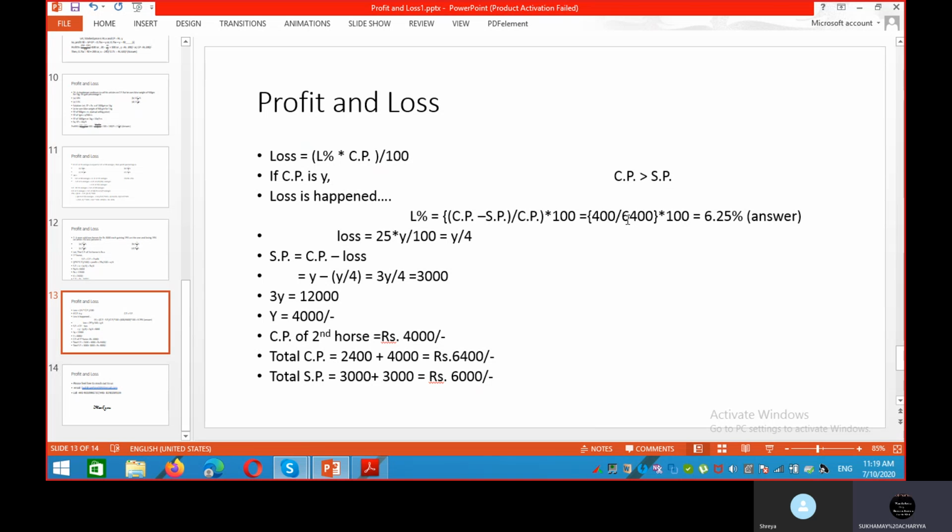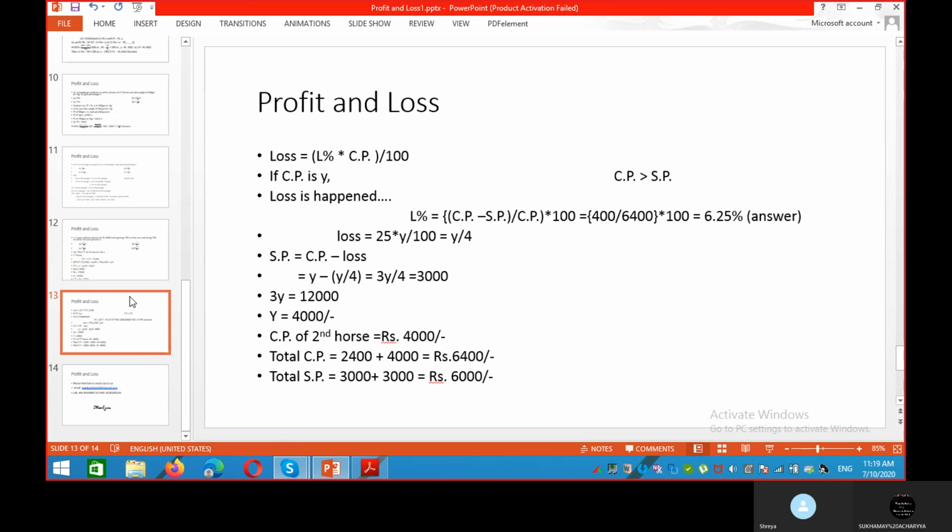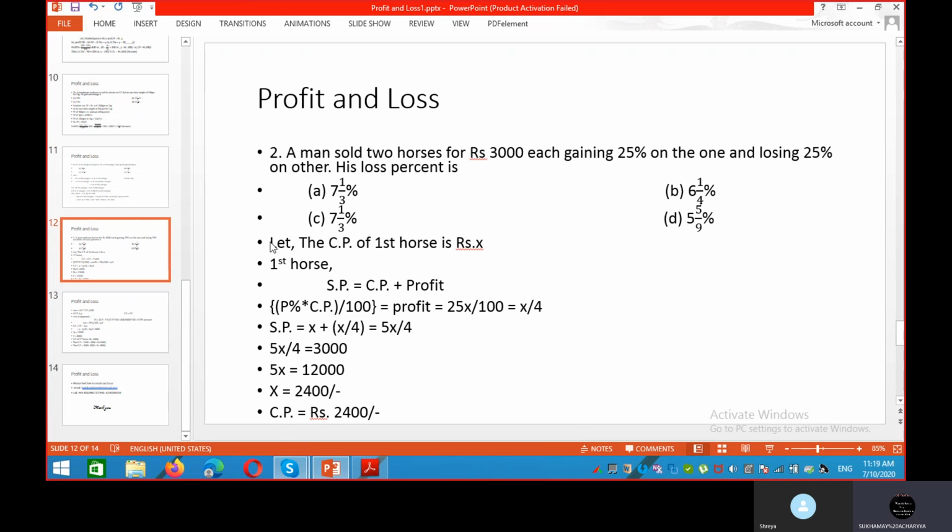Always remember, profit and loss are always calculated on cost price, so we consider the total cost price of 6,400. So the answer is 6.25%, which is 6 whole and 1 by 4%. So option B is the answer.